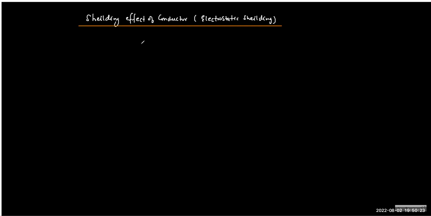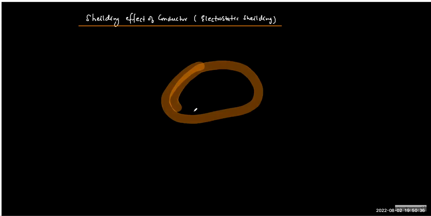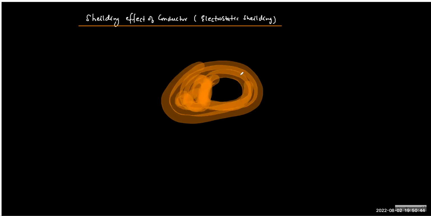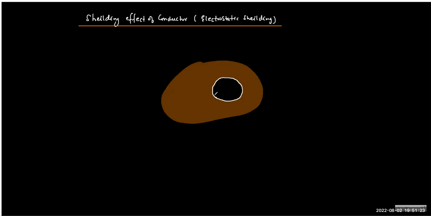You can say electrostatic shielding or shielding effect of conductor. So generally, if we have a conductor, now this is the cavity.